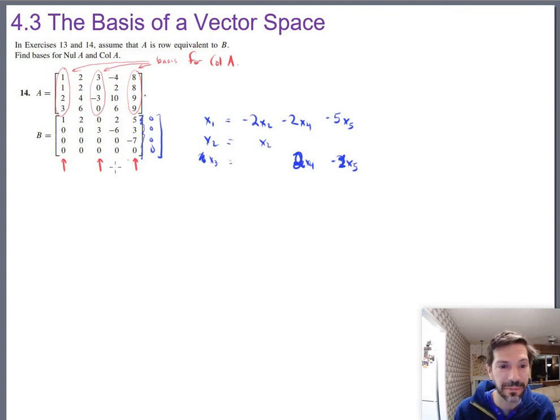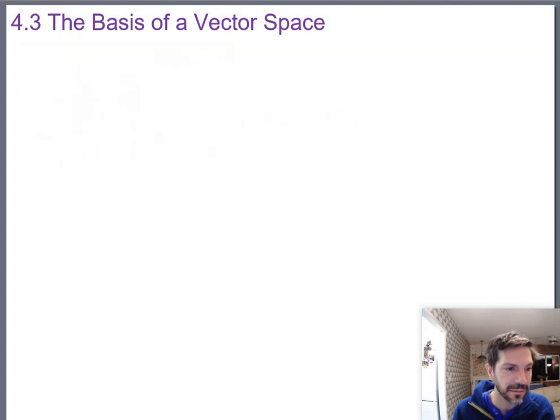And you keep going. x4 equals x4, and so you'd finish that out, you'd see it's a combination of x2s, x4s, and x5s. And you'd be able to write out the null space. So I won't finish that one out. You'll get the idea there.